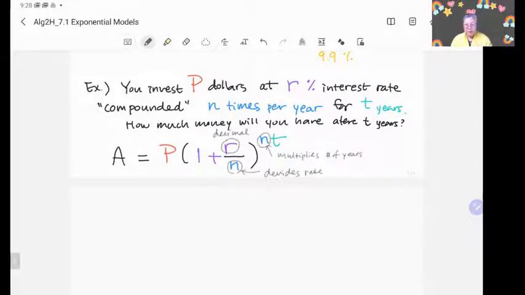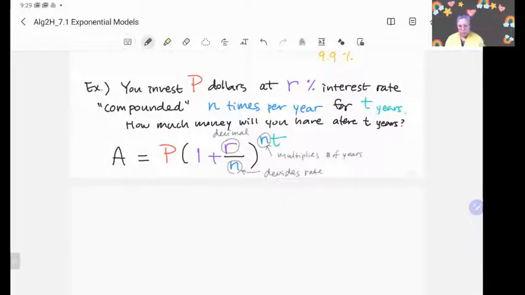It doesn't only happen once a year, so you have to divide the rate evenly every time you add the compounded interest to your account.